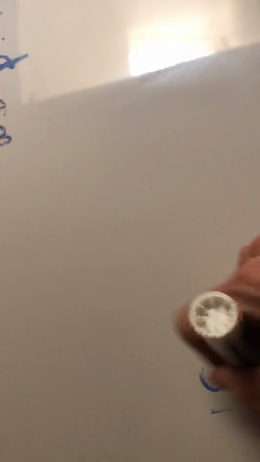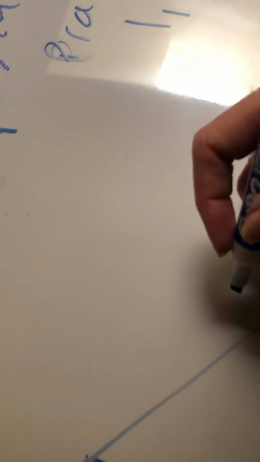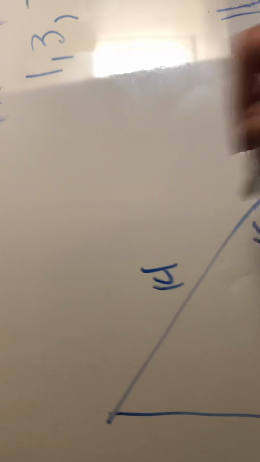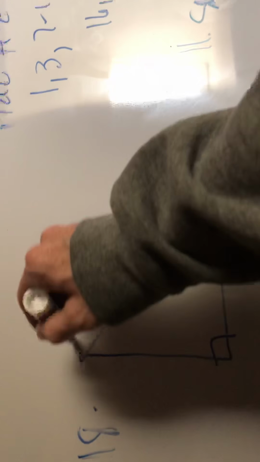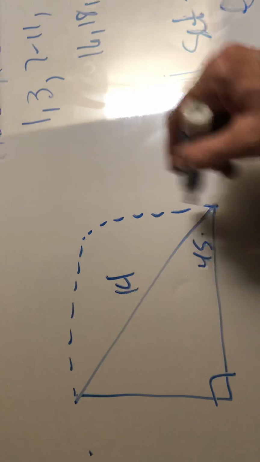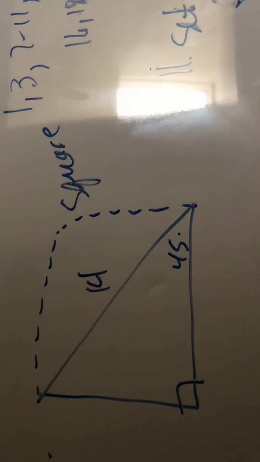On number 18, you are asked to find the area of a 45, 45, 90 degree triangle with a hypotenuse of 14. Let me remind you of something. If it's a 45, 45, 90 degree triangle, that means it's half of a square.